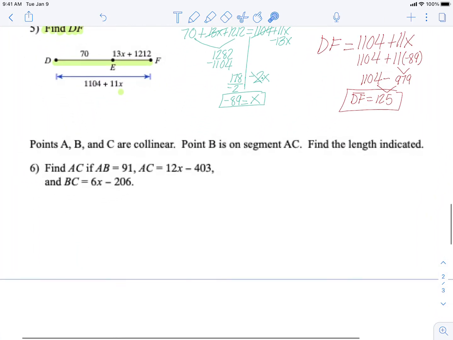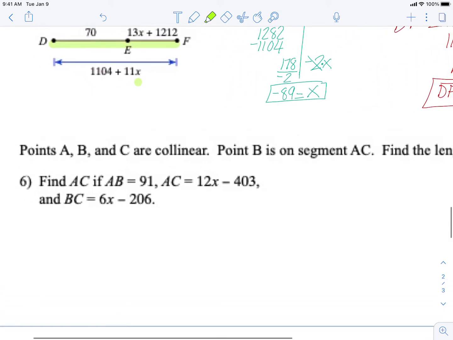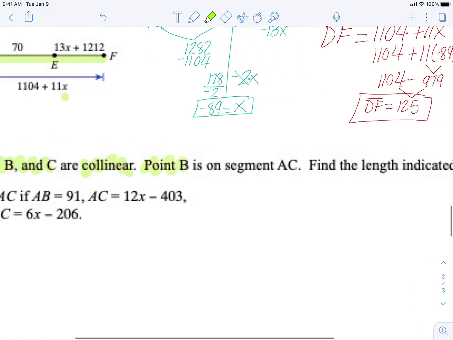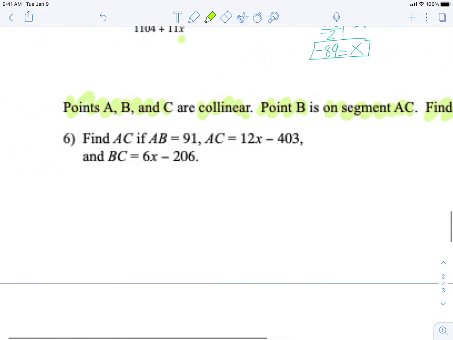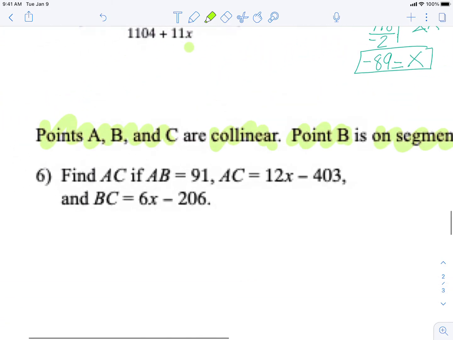Last one down here. Let's read the instructions first. Points A, B, and C are collinear. That means they're on the same line. Point B is on segment AC. Find the length indicated. Okay, so they want to know, find AC.